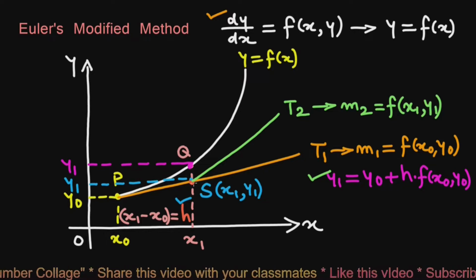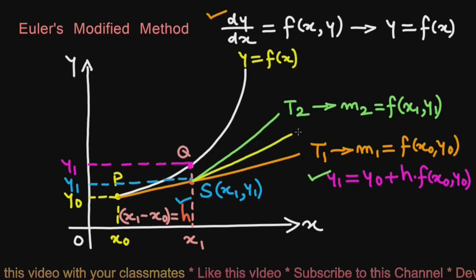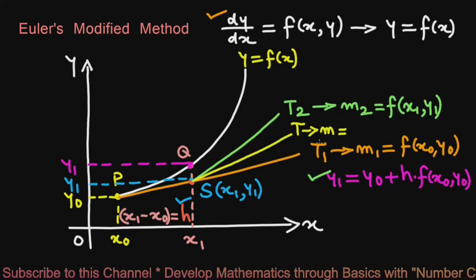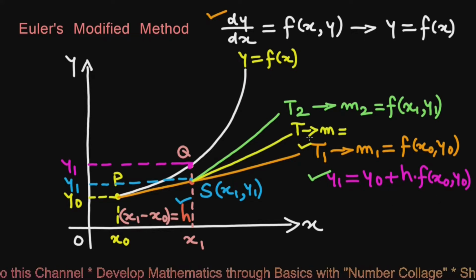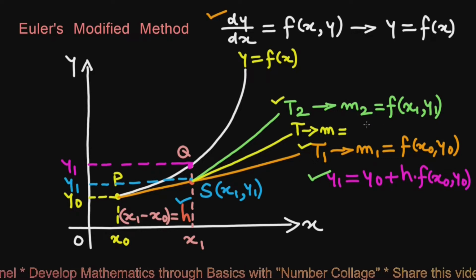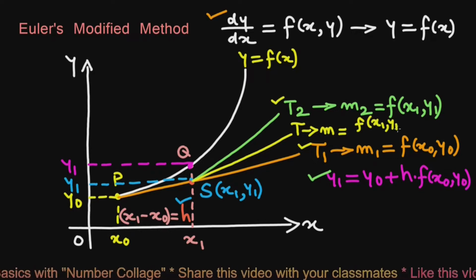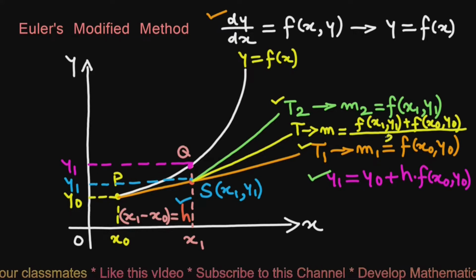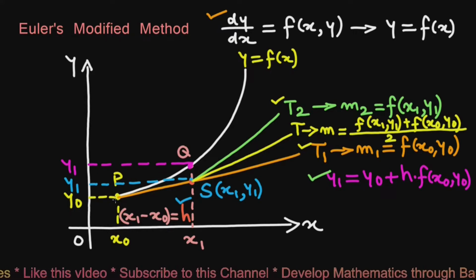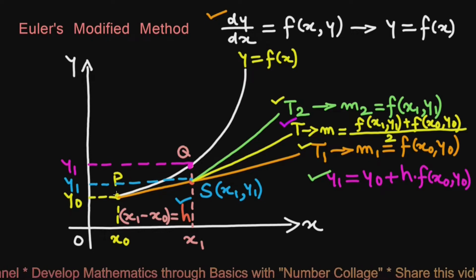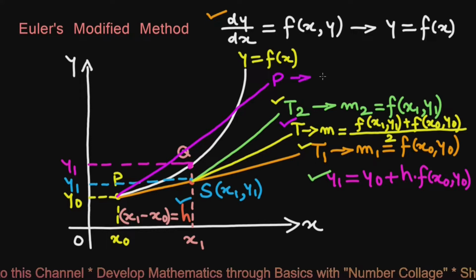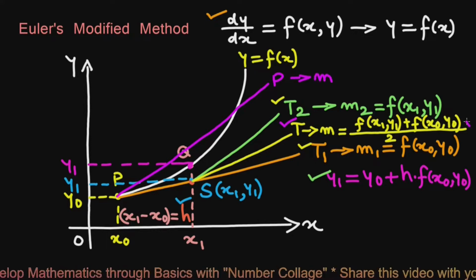We will draw another line through S called T, whose slope m is the average of the slopes of T1 and T2, that is, f of x0, y0 plus f of x1, y1 upon 2. Now we will draw a line parallel to T passing through point P called line PR, whose slope is m, same as this.